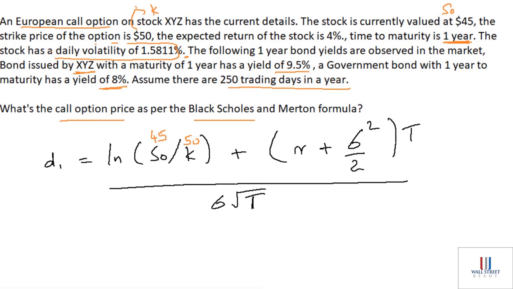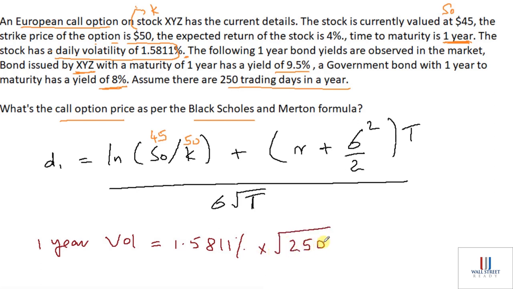So 1 year volatility, 1 year vol, just using shortened form, is 1.5811%. Now we don't multiply by 250, we multiply by the square root of 250 because we are calculating standard deviation of volatility. So that gives us 25%.